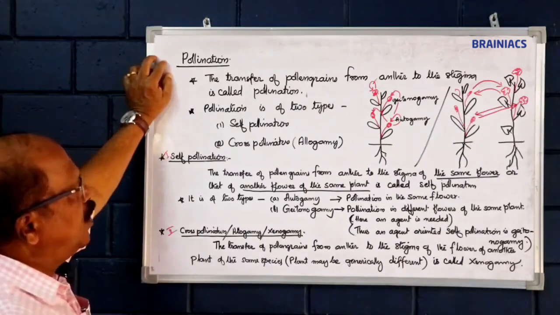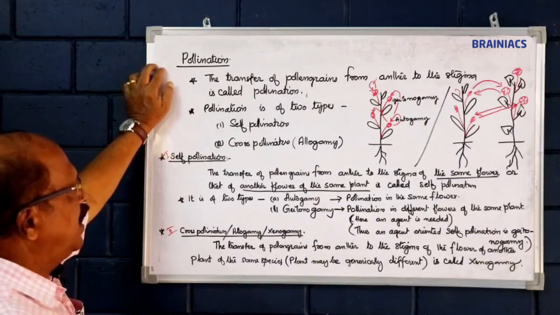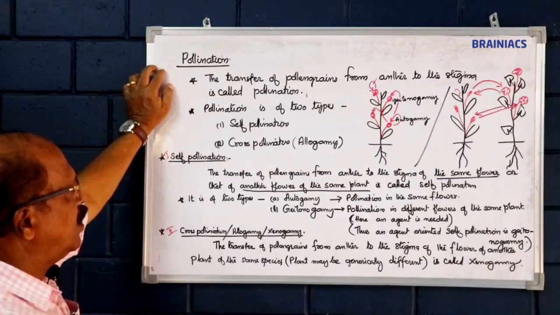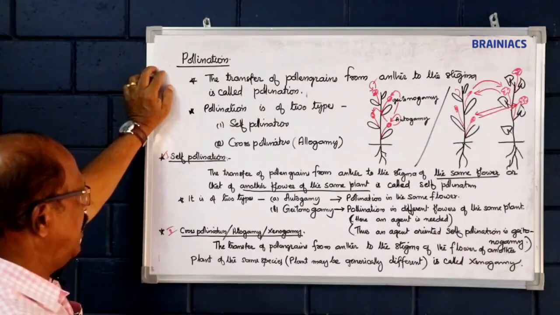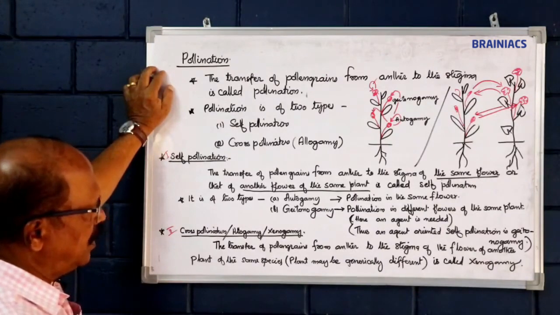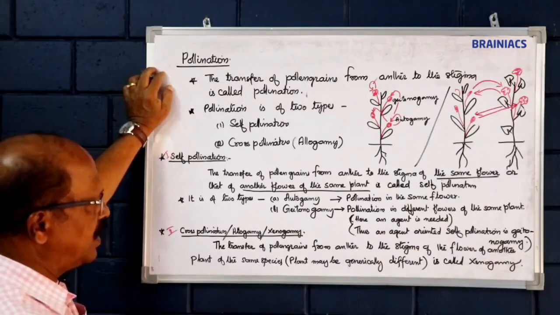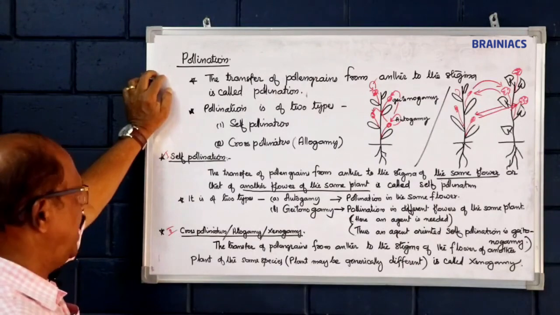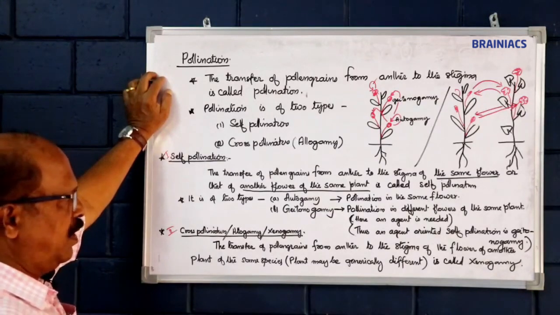Pollination. Transfer of pollen grains from anther to the stigma is called pollination. Pollination is of two types, self-pollination and cross-pollination. Self-pollination: the transfer of pollen grains from anther to the stigma of the same flower or that of another flower of the same plant. Self-pollination is of two types, autogamy and geitonogamy.